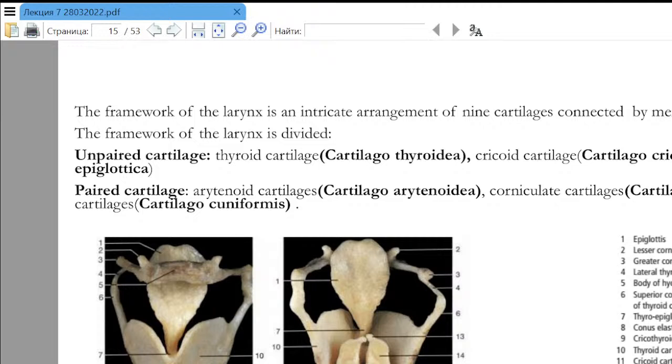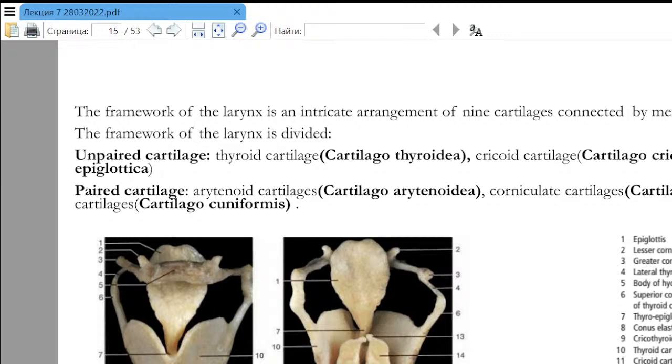And the epiglottis. The bone, os hyoideus, has a greater cornu and a lesser cornu.